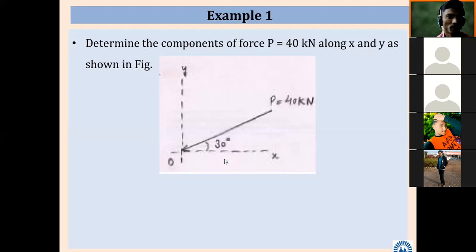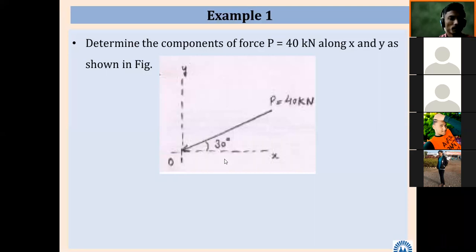Simple problem: determine the components of force P equal to 40 kilonewton along the x and y axes as shown in the figure. So in the figure, a force P is given, P is equal to 40 kilonewton, and we are supposed to calculate its x and y components. Is it possible to see the figure?